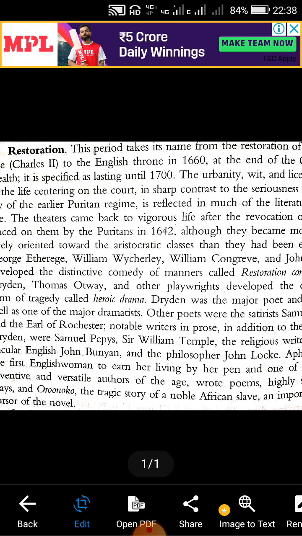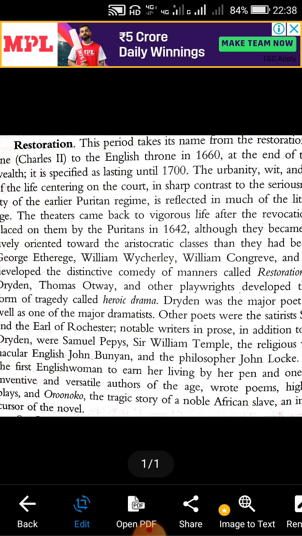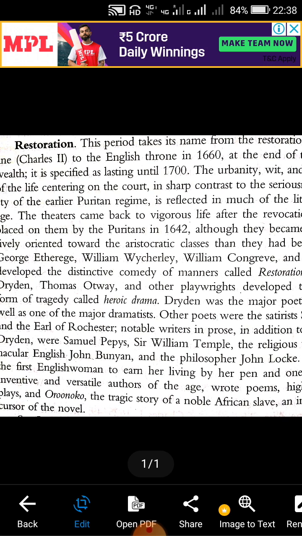Then comes the Romantic period in English literature, which starts with the year of 1785 and runs till the year of 1832 or 1837. Then starts the new age, the Victorian period, with the accession of Queen Victoria in the year of 1837 and runs till the death of the Queen in 1901.